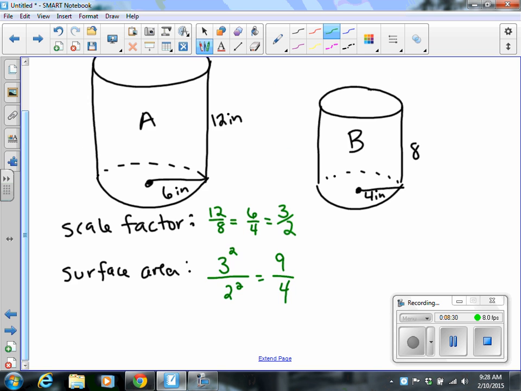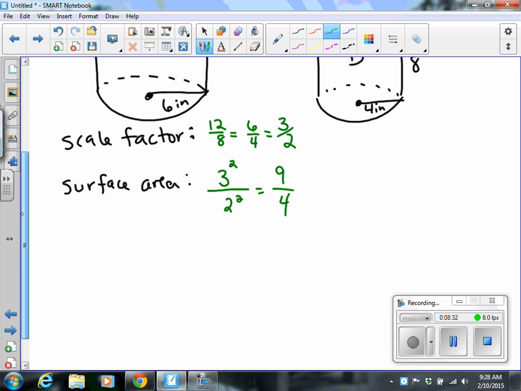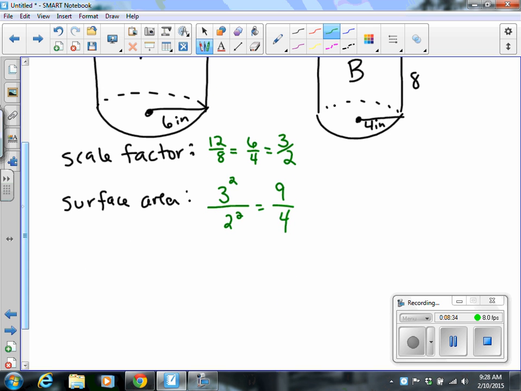If you really wanted to, you can calculate the surface area of your cylinder A to B. You don't have to.